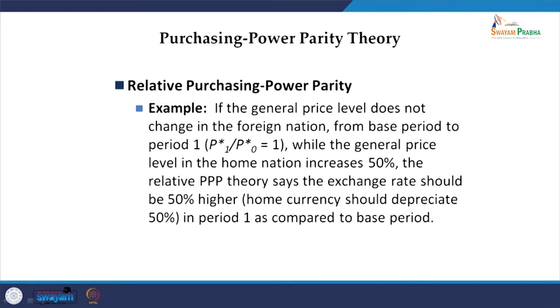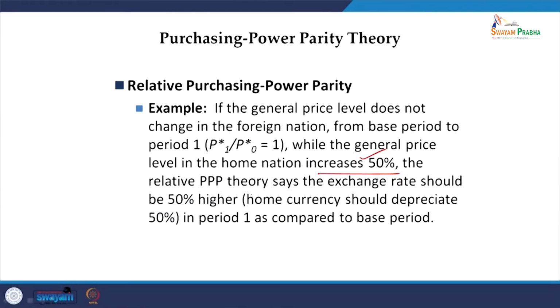All right. Now, coming to the purchasing power parity once again with some example. If the general price level does not change in the foreign nation from base period to period 1, then the ratio would be 1, while the general price level in the home nation increases 50%. Suppose in the numerator the value increases by 50%. The relative PPP theory says that the exchange rate should be 50% higher.